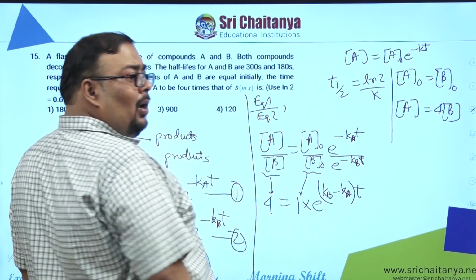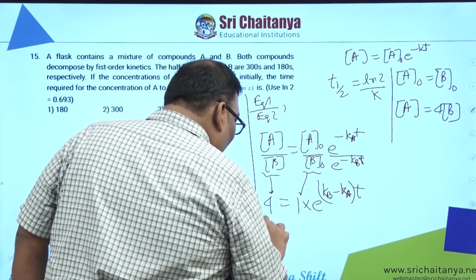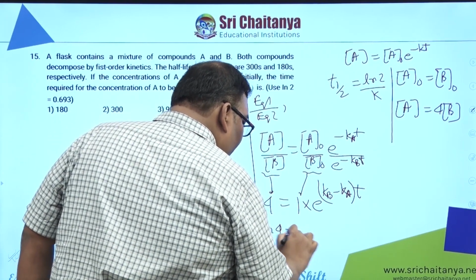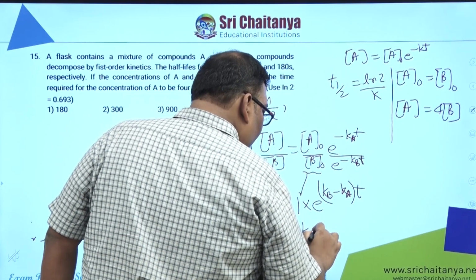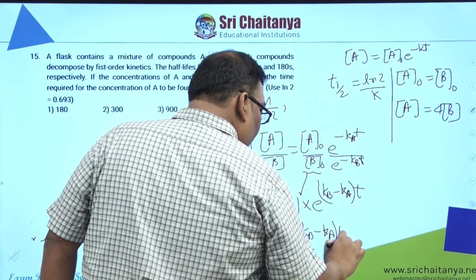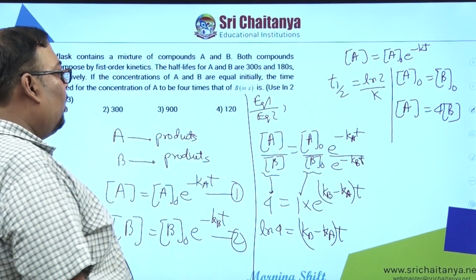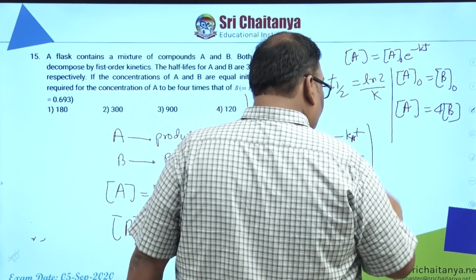Now if I take ln on both sides, then I will get ln 4 equal to KB minus KA into T.